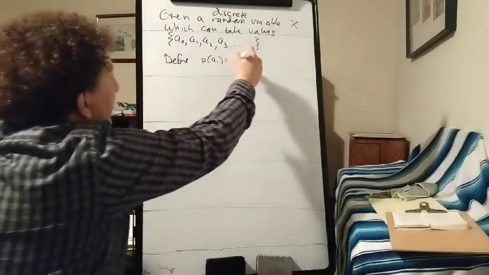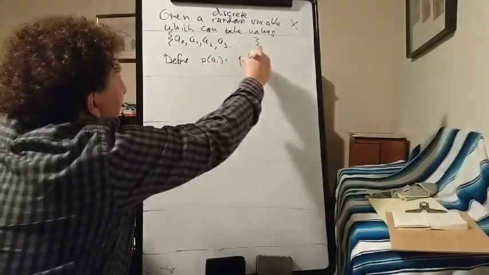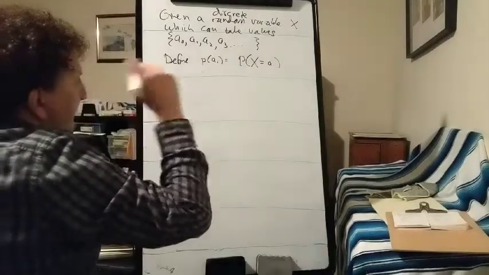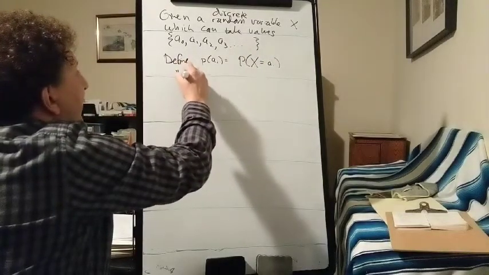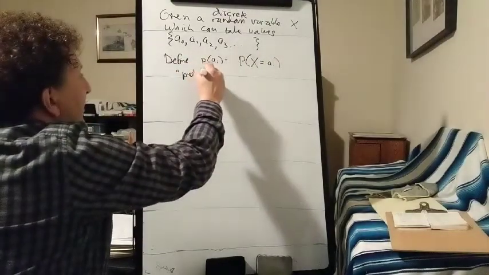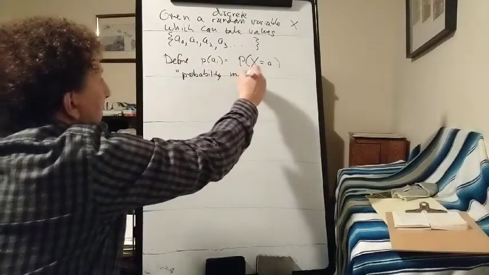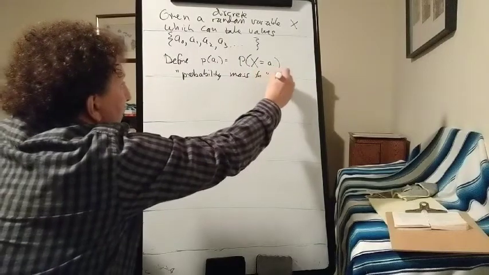So p of ai means the probability that X equals ai, just shorthand for that. And this is called the probability mass function of X.